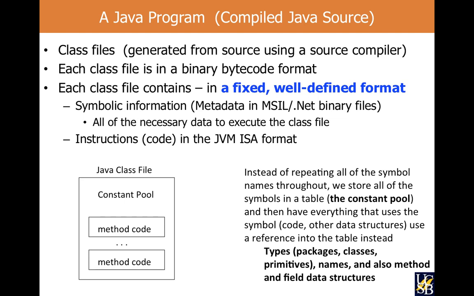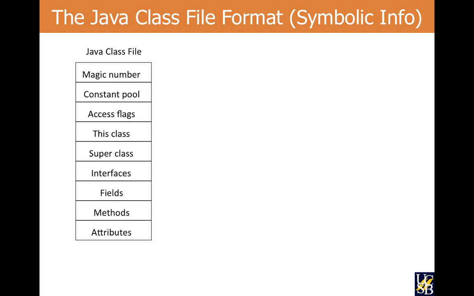Constant pool is a well-defined structure that has a table and a set of indexes, and what's in this table are all of the types that you use, the packages, the classes, any primitives that you use, any constant values that you use, all names, also your method and fields are all represented in this symbolic information of a class file.